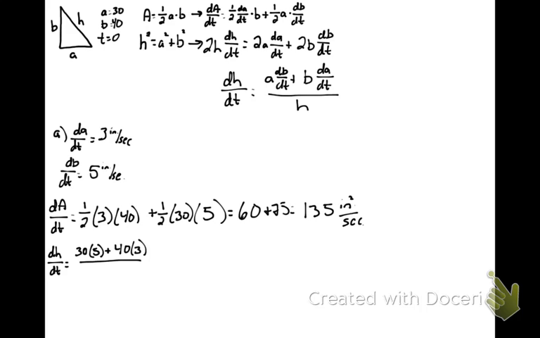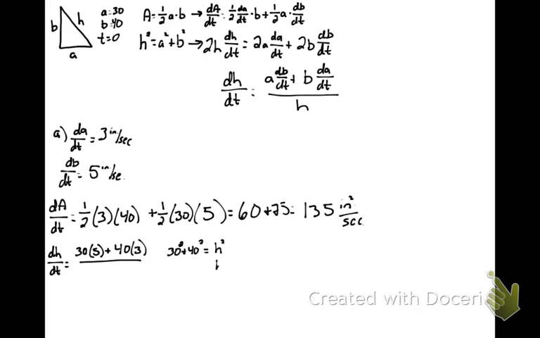When a is 30 and b is 40, we need to figure out the hypotenuse at that time, using the Pythagorean theorem because it's a right triangle.